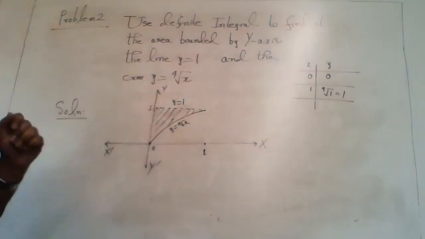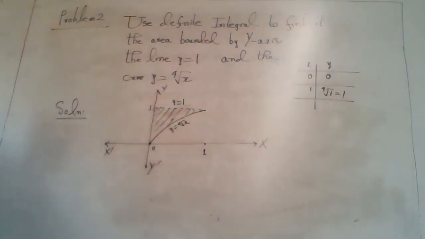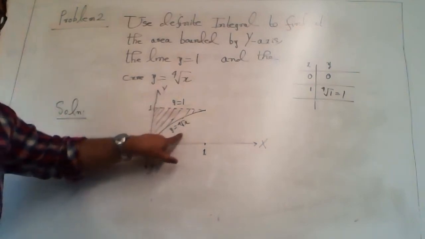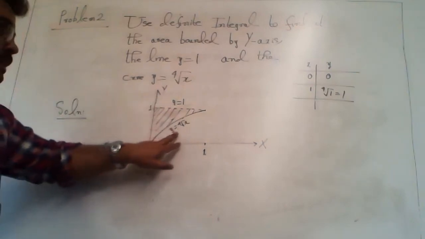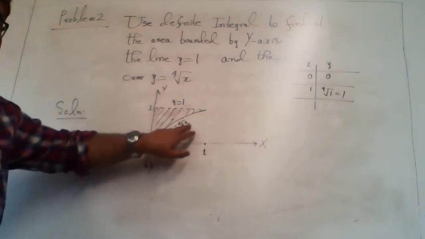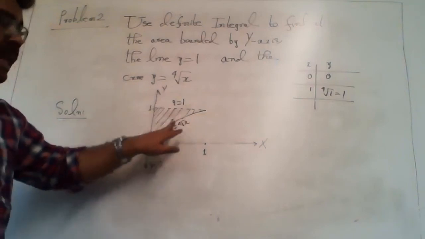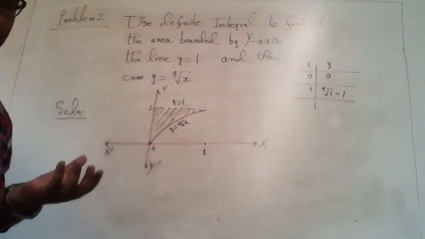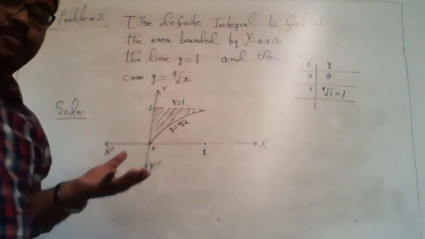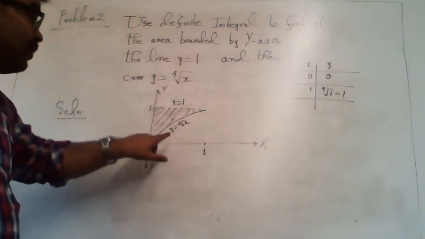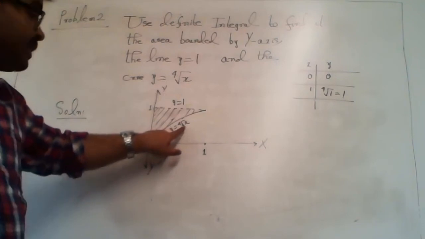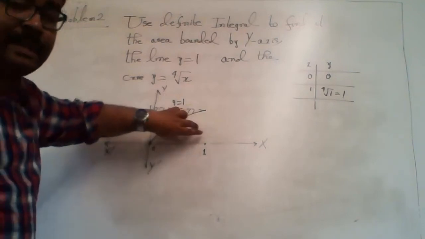Now there is a problem here. Though I need to find this area, if I integrate this function y equals 4th root of x from 0 to 1, will I get this area? No. As I told you when I defined the geometrical meaning of a definite integral, if I integrate this function from 0 to 1, I will get this dotted area, not that.